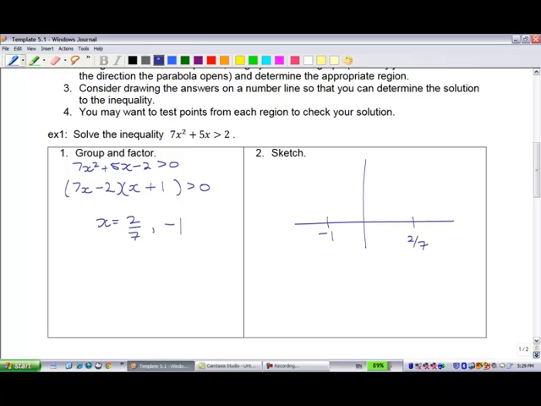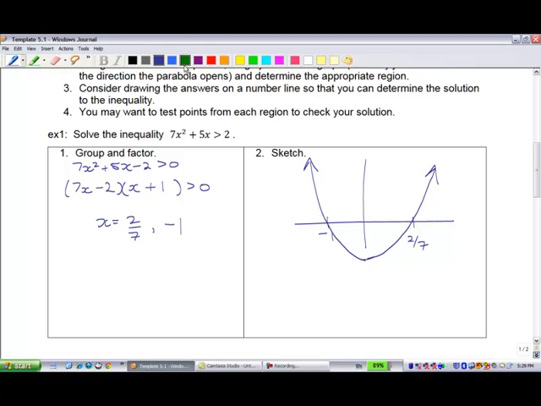I'm just showing that one's on the left side and one's on the right-hand side of the y-axis. Because it's a positive leading x squared term, the parabola is opening up. It's a pretty rough sketch. It doesn't really matter where the vertex is.